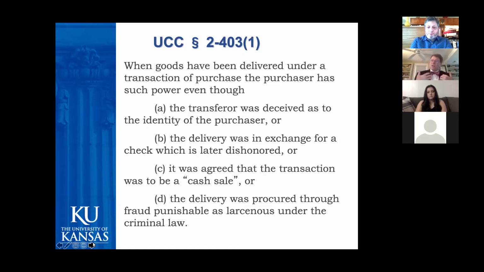Whereas in our case, Archer actually gave up the diamond freely. He wasn't threatened. He was just conned, right? And if I am conned out of my goods, what does that produce? That means that the conner, the bad guy, the thief, in our case Simmons, gets this thing called voidable title, and we'll see what that means in a second.